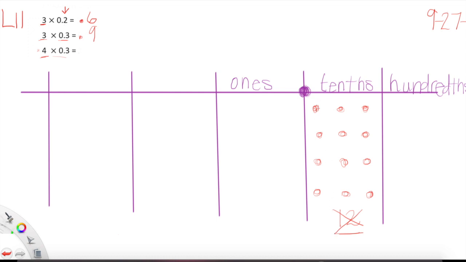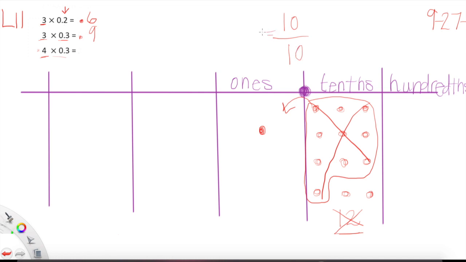I have a solution though. Let's go ahead and bundle up 10 of our tenths. Let's bundle them up and move them next door, because we know that 10 tenths are equal to 1. So they're no longer 10 tenths. They've been bundled up, or lassoed together, and now we've transferred them into 1 one.